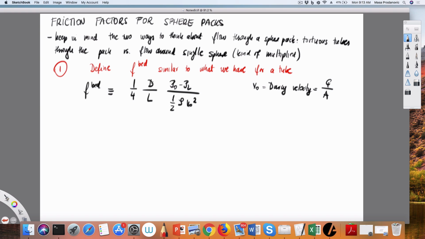And instead of the diameter of the tube, I'm going to put the particle diameter. So I simply took the Fanning friction factor definition and I threw in things that I know about the sphere. So all of these are measurable.